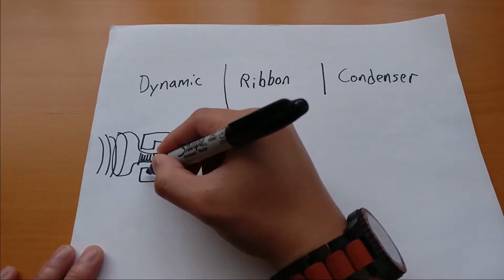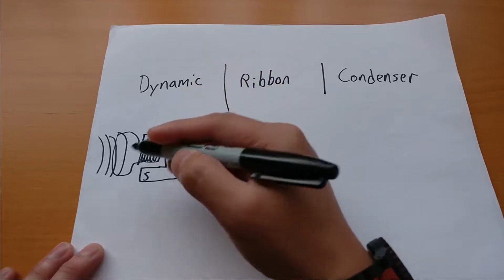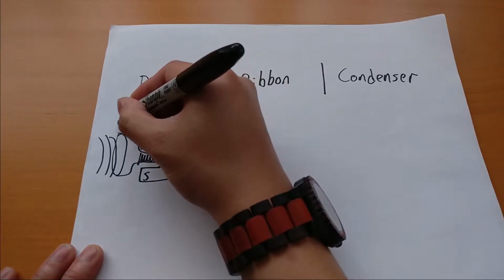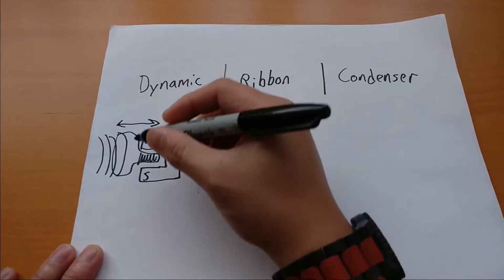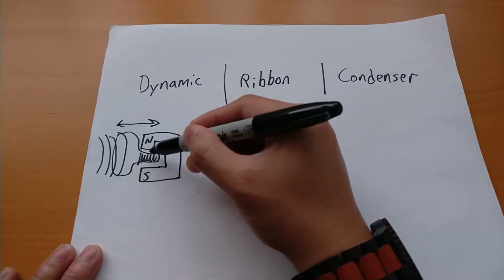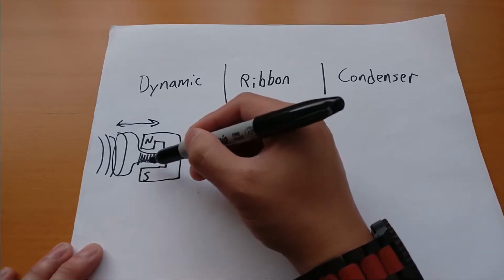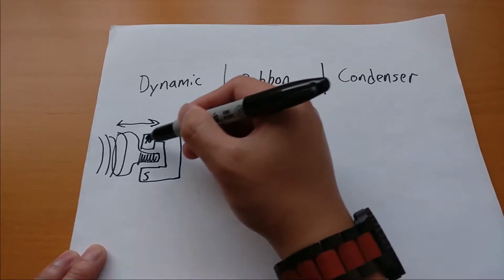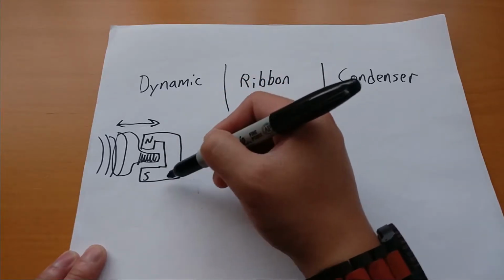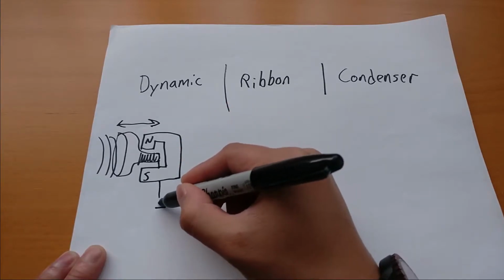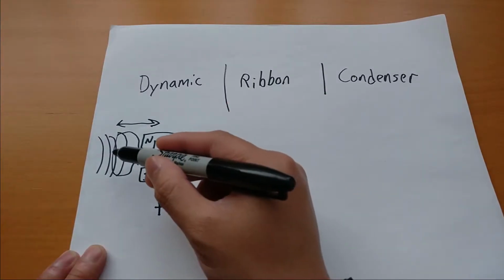So this will be south and this will be north. As sound hits, this diaphragm will move back and forth. As this diaphragm moves back and forth, this coil of wire will interact with the permanent magnetic field, and it will induce an electromagnetic force. So your signal will come from there.